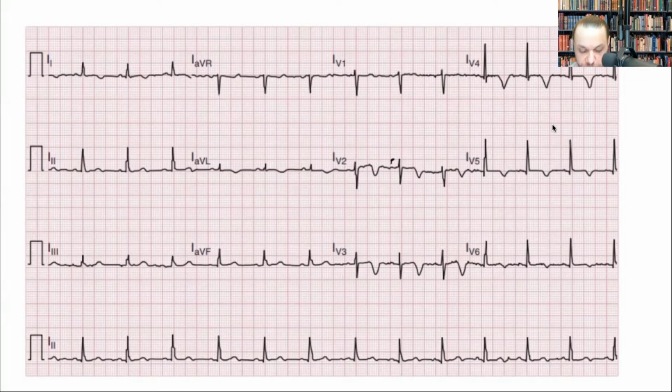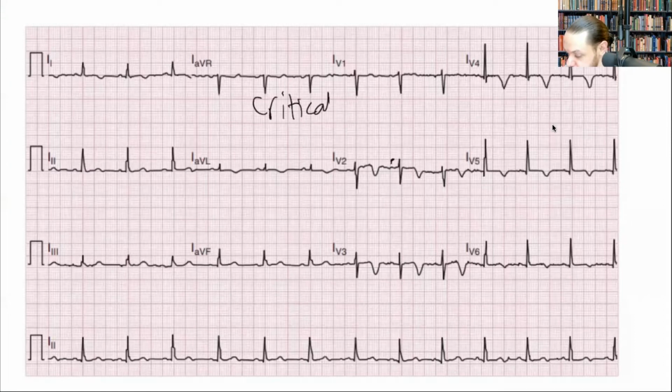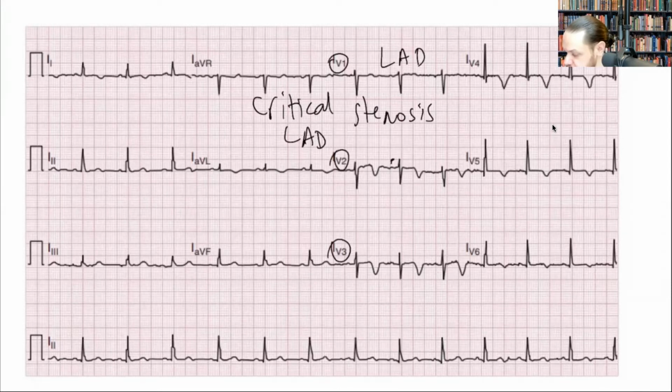It's associated with critical stenosis of the left anterior descending. So critical stenosis of the LAD. And that makes sense because if you remember, we said this V1, V2, V3, V4 is fed by the LAD. So that's why we see those type of changes, especially in V2 and V3.